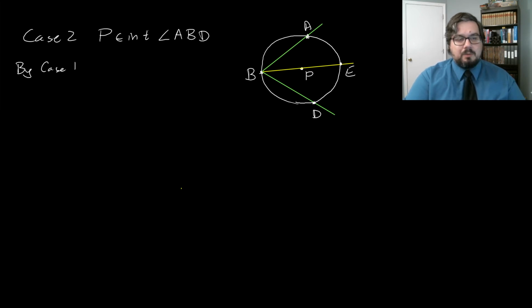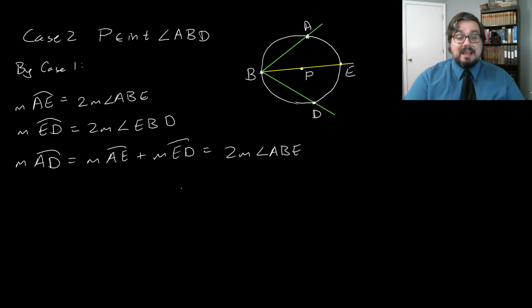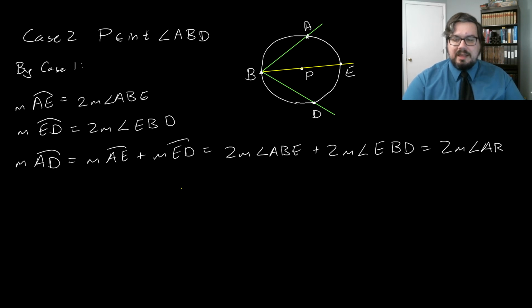So by case 1, the measure of arc AE is equal to 2 times the measure of angle ABE, and the measure of arc ED is equal to 2 times the measure of angle EBD, and therefore we have that the measure of the arc AD, which is the measure of arc AE plus the measure of arc ED, is equal to 2 times the measure of angle ABE plus 2 times the measure of the angle EBD, and by angle addition, this is 2 times the measure of angle ABD.